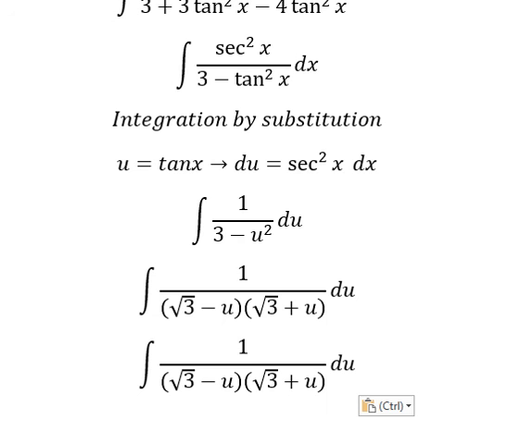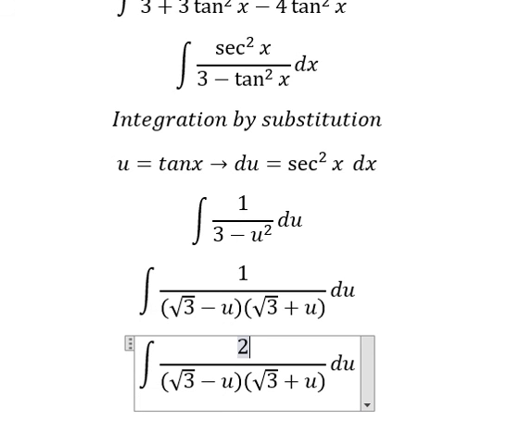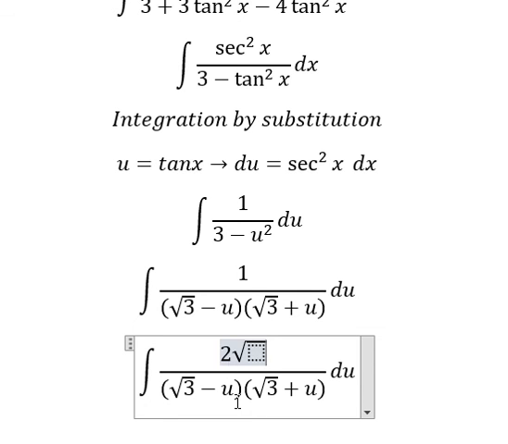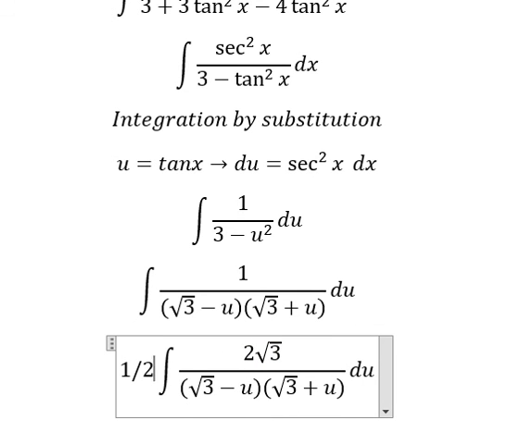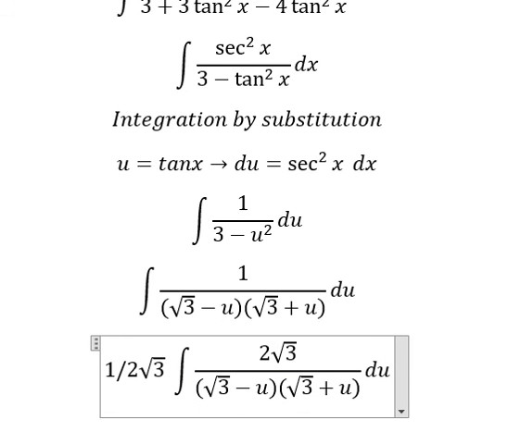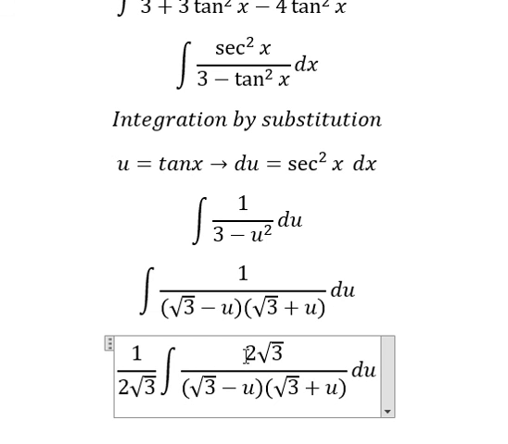Next, I will multiply by number 2 with the square root of number 3 on numerator and denominator. The reason I need to put this number in here is because I want to create the factor to divide this one and this one.